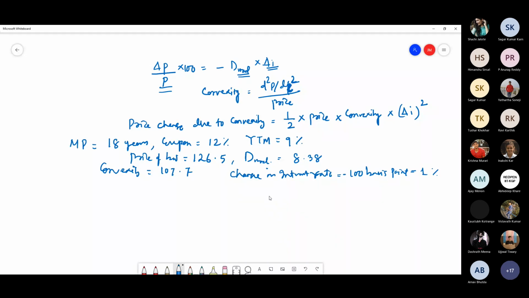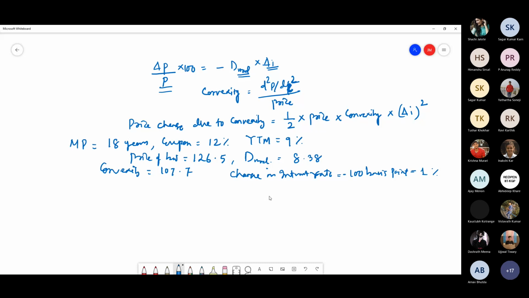Now if you want to calculate the price change due to the change in the interest rate through the modified duration, what will it be?